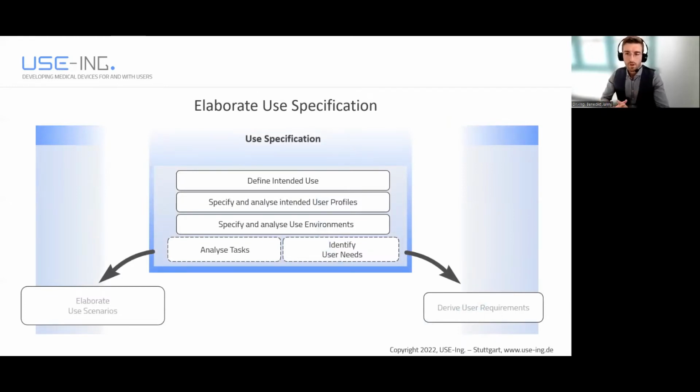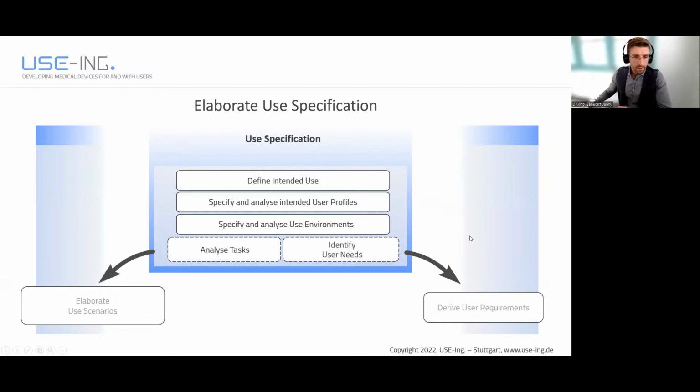The intended use has to be elaborated, and on that, as a starting point, we go on and specify and analyze our intended user profiles and specify and analyze the use environments. So this is basically the specification of our context of use. This is what we call the context of use: the tasks, the users, the environments.